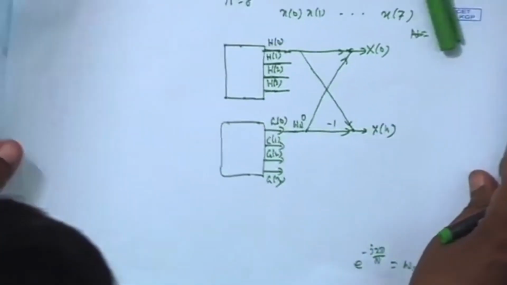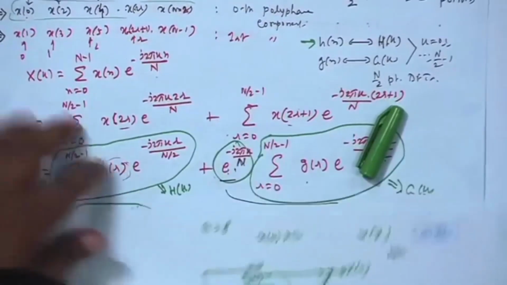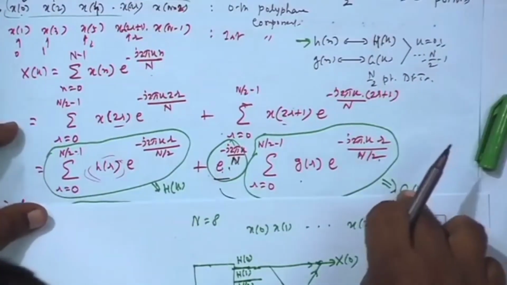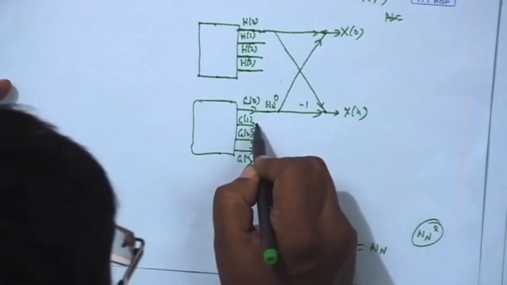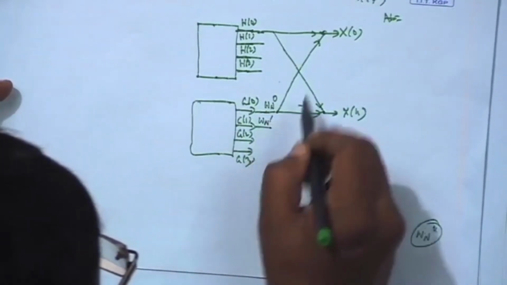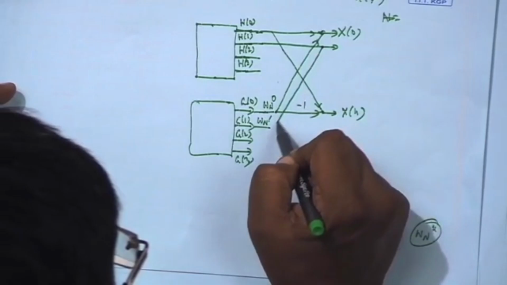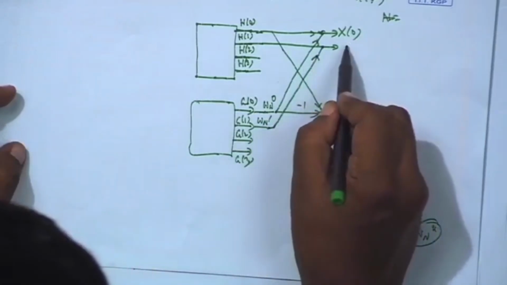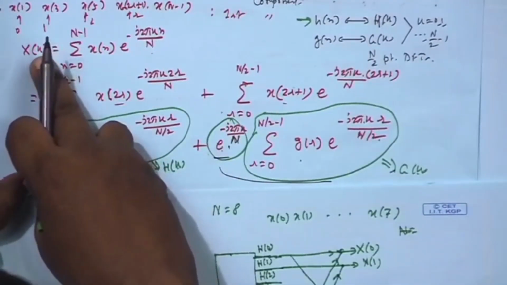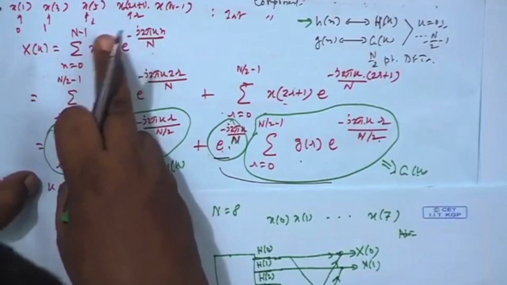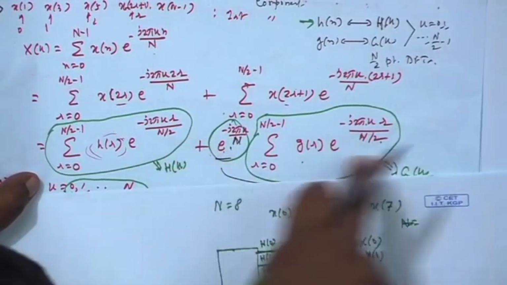Similarly, in the same way, suppose here you want to find capital X 1. It will be H 1 plus G 1 into W n to the power 1. That means G 1 into W n to the power 1 is added, and we get X 1. Now, if k jumps from 1 to 1 plus n by 2, which is 4, so from 1 to 5, you will have the same H and same G, that is H 1 and H 5 are the same, G 1 and G 5 are the same.